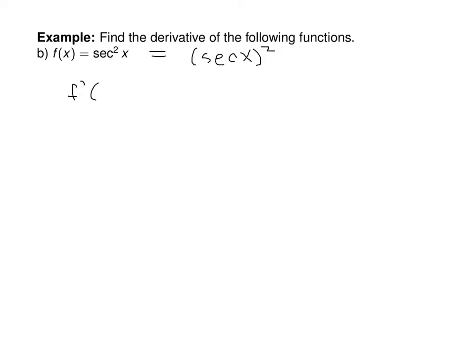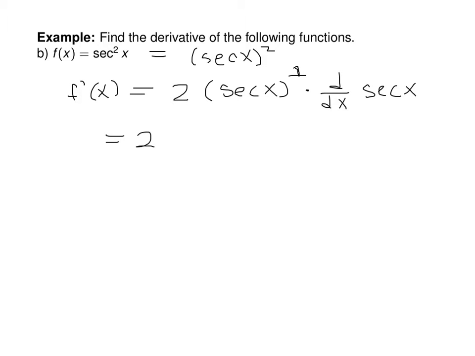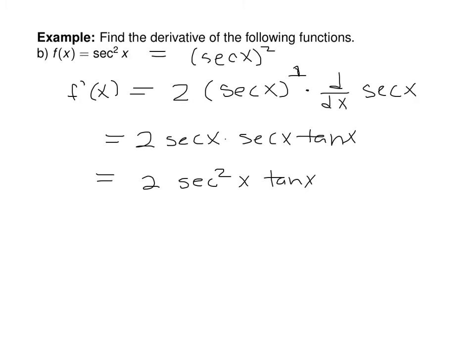So f prime of x will equal 2 secant of x to the first power multiplied by the derivative of secant x. So that's 2 secant x times secant x's derivative, which is secant x tan x, which we can simplify slightly into 2 secant squared x tan x.